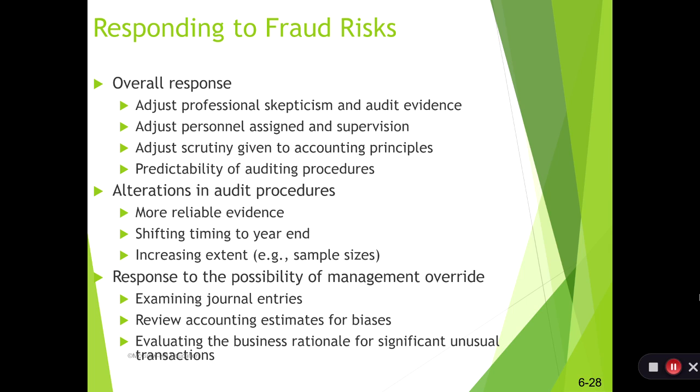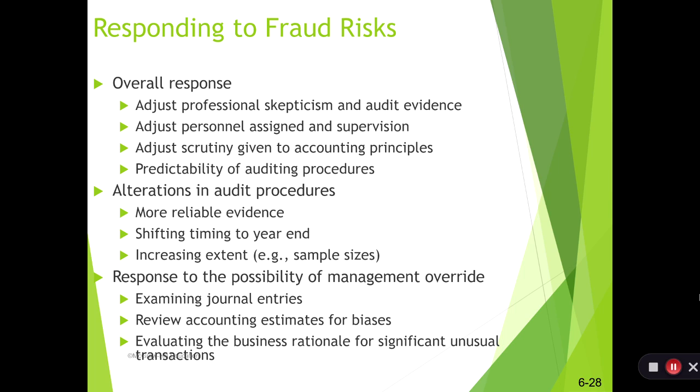And then management override is a particular type of possible fraud. So what might you do there? Well, you're going to be looking for journal entries where managers are the ones actually doing the journal entries as opposed to the normal individuals. You're going to be looking at those estimates and certain accounting methods, to see if there's any bias in the estimate, right?